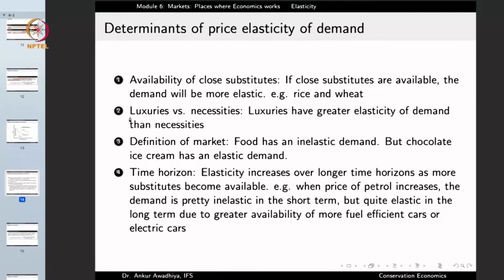Another determinant is whether the item is a luxury or a necessity. Luxuries have a greater elasticity of demand than necessities because, in the case of necessities, you have to have that item because it is necessary for your survival.